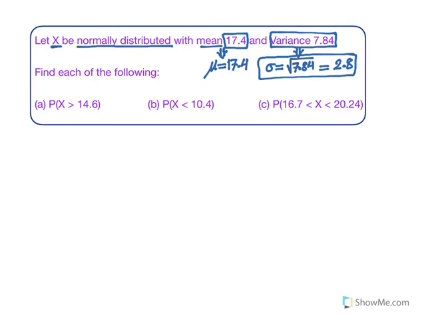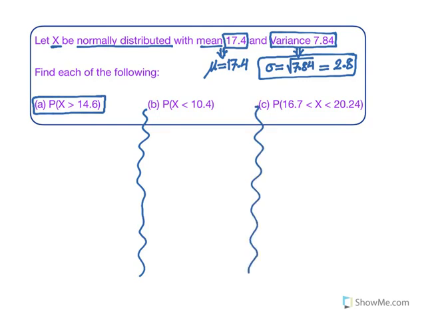So now the question is find the probabilities. The first one in A is the probability that x is bigger than 14.6. We will change this to the z-score so that we can use the z-table to solve it.